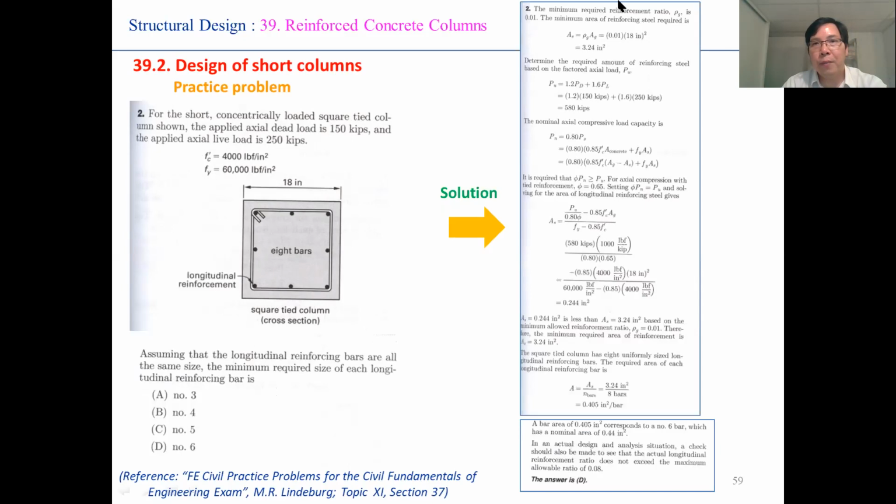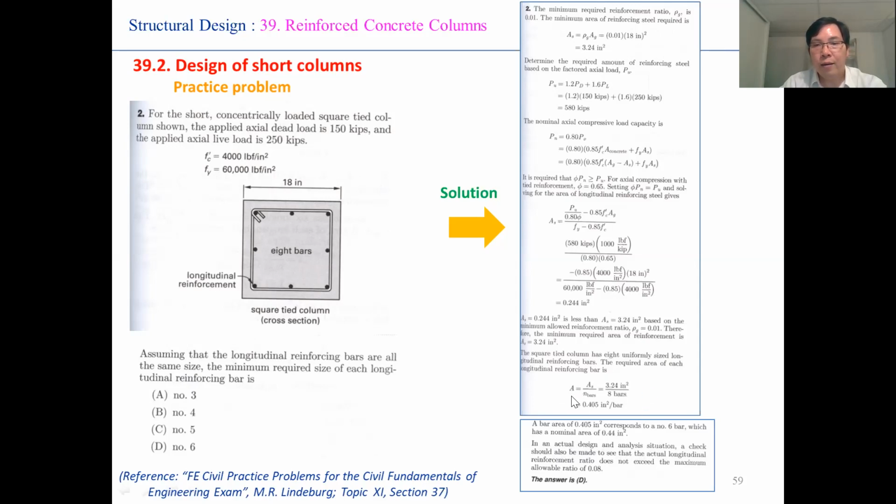So you can apply the similar steps that you have seen in the previous practice problem. You can calculate step by step As, Pu, Pn, As, and finally you can find the required area of each longitudinal reinforcing bar by this equation.